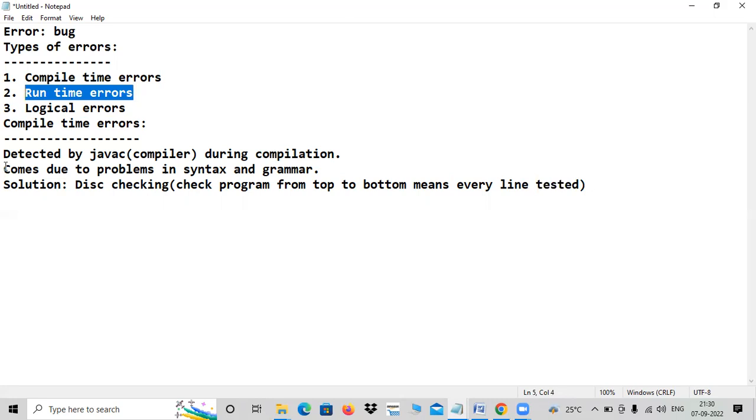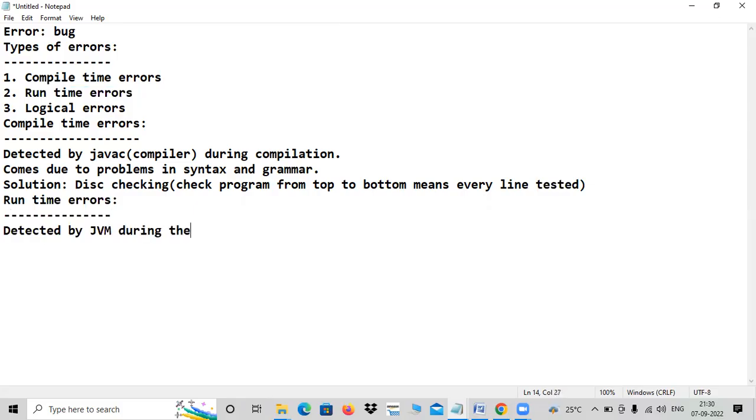Next. Runtime errors. This is very important. This is our subject. What are runtime errors? As the name itself is telling, they occur during execution. Detected by whom? Detected by Java virtual machine, right? During the execution of the program, right?